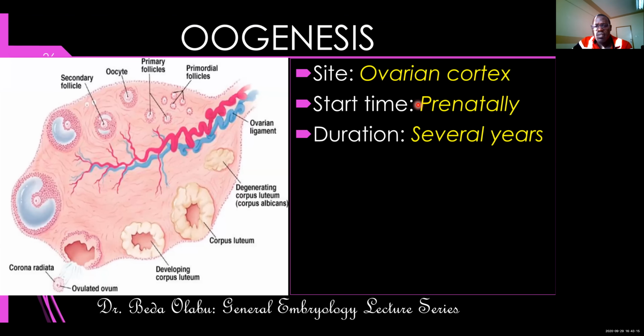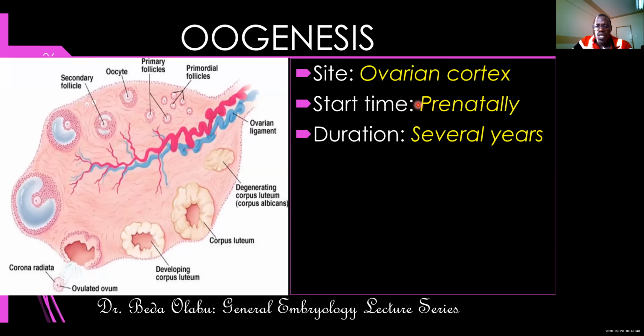Having said that, it means it takes very long to form a single ovum, in the understanding that even though the process began before birth, some eggs will be ovulated when the girl is 50 years, okay, maybe 45 years. Some eggs will be ovulated when she's 15 years, maybe.